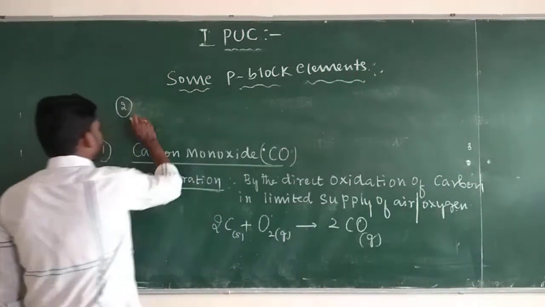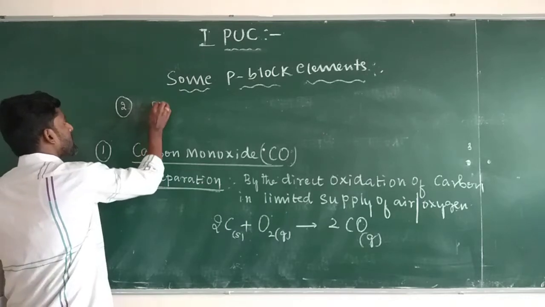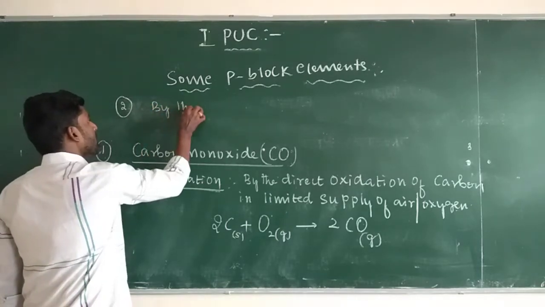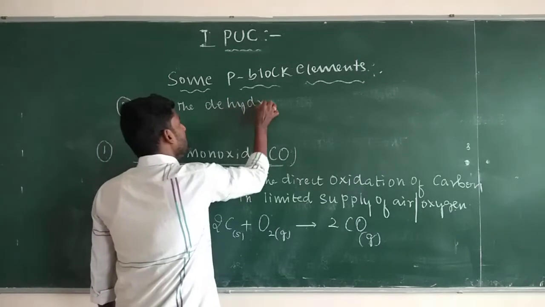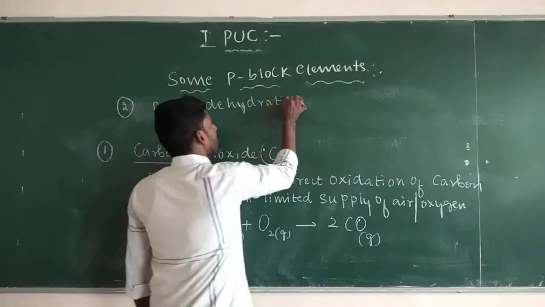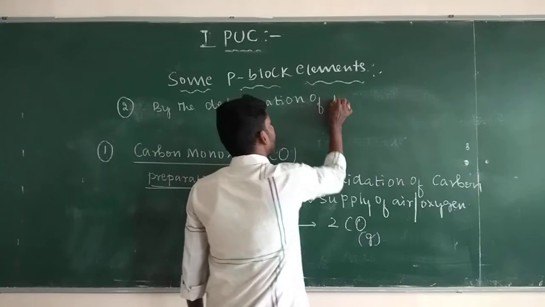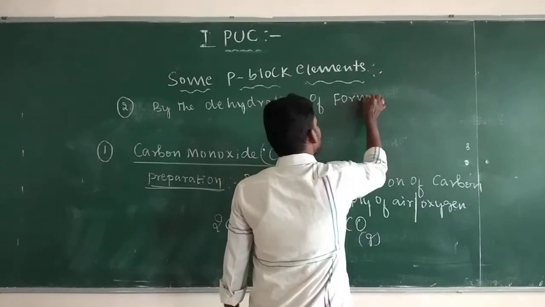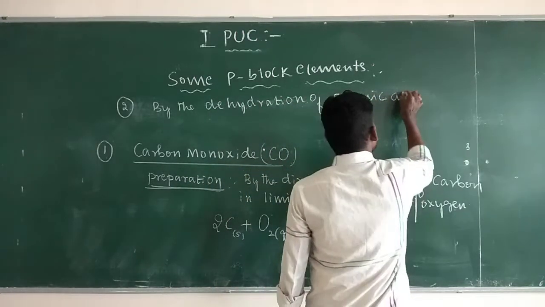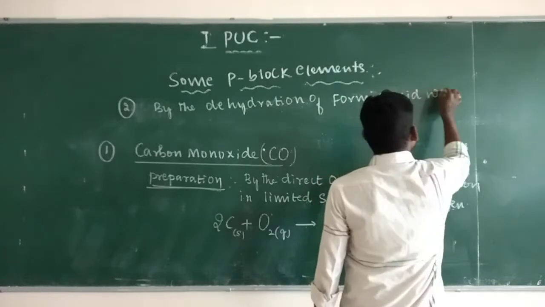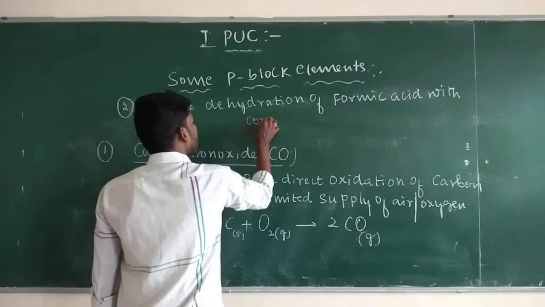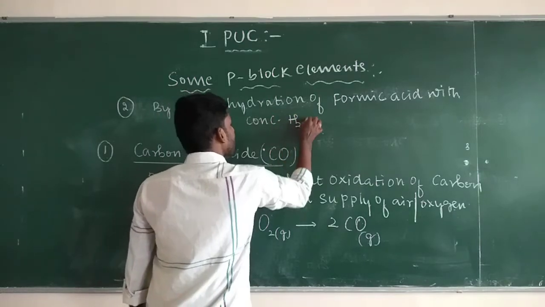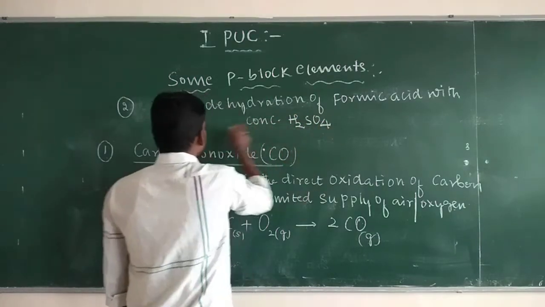So the second method of preparation is by the dehydration of formic acid with concentrated H2SO4.